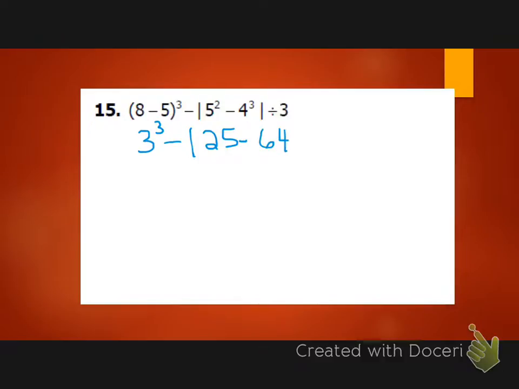So we've got 25 minus 64 inside my absolute value signs, and then we still have our divide by 3 at the end. So again, working on the parentheses side, looking inside the absolute value signs, we have 3 cubed minus the absolute value of 25 minus 64, which is negative 39, divided by 3.